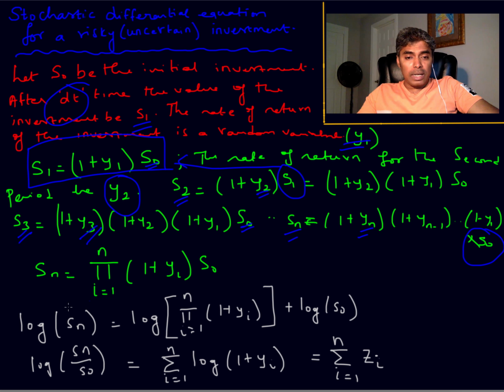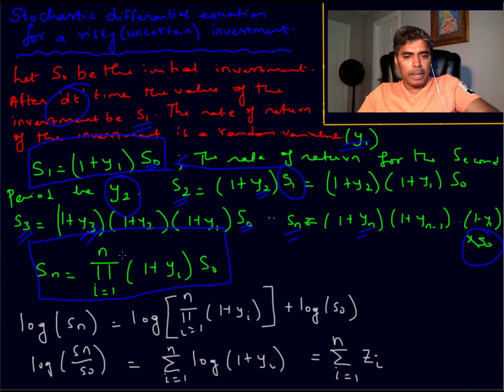So here I'm going to generalize it by saying Sn is equal to the product of 1 plus yi times S0. To simplify this, I'm going to take a log on both sides.